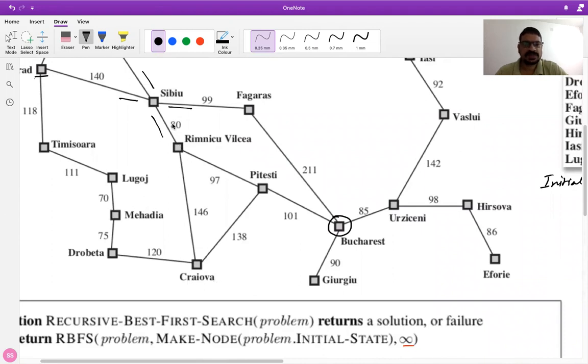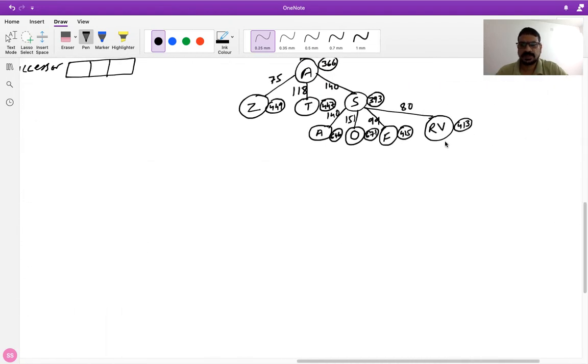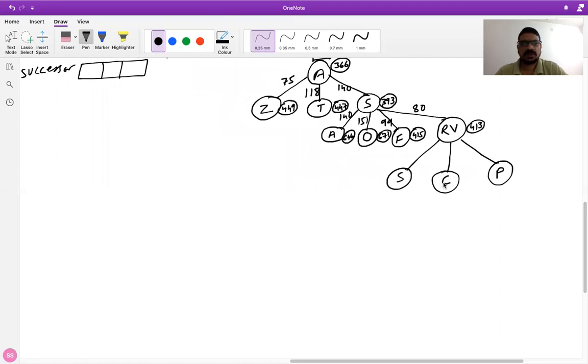So three places we can go: Sibiu, Pitesti, and Craiova.